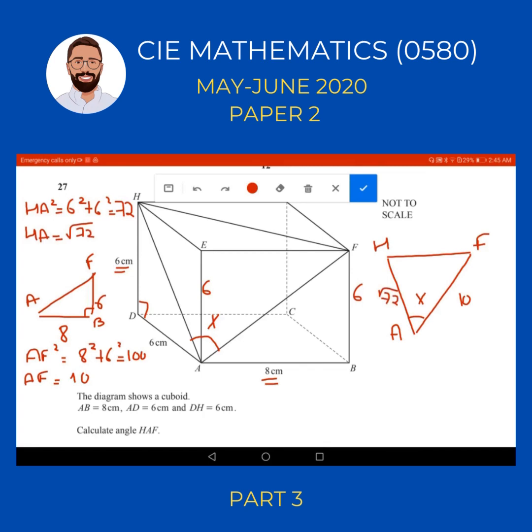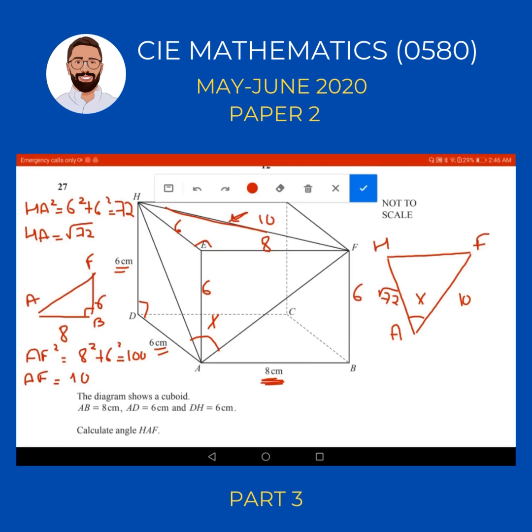Now finally, how can I find HF? If this is 8, then this is 8 too. And if this is 6, then this is 6. So this side is basically 10. How did I get 10? This side squared equals 6 squared plus 8 squared, which is 100, and the square root of 100 is 10.